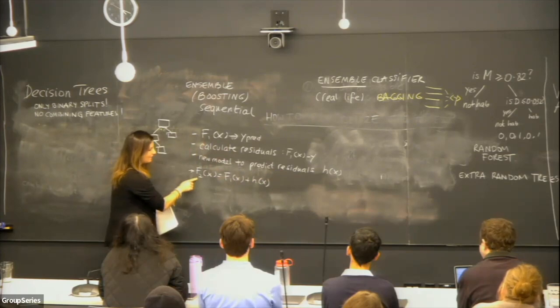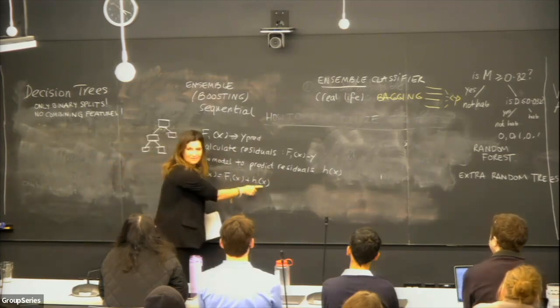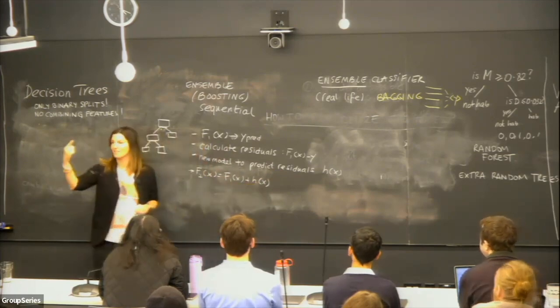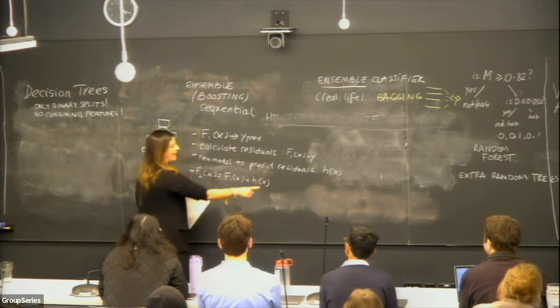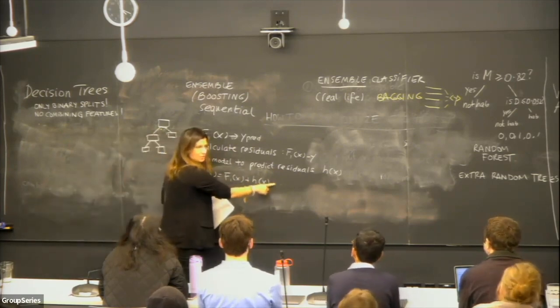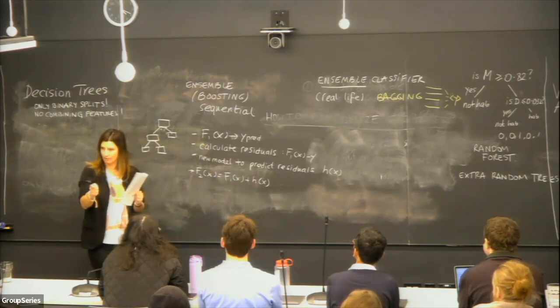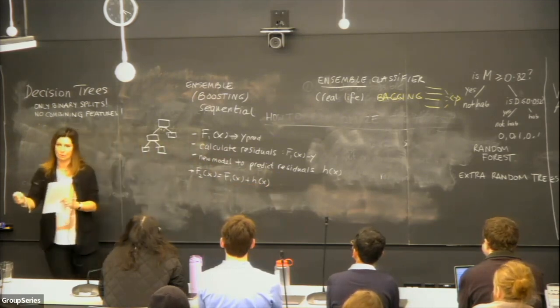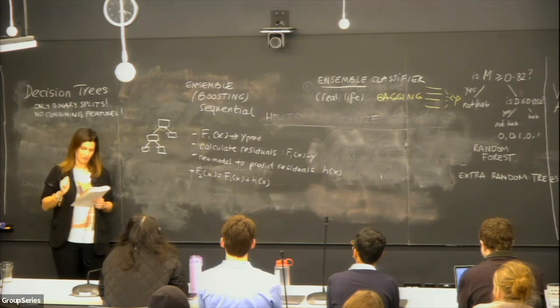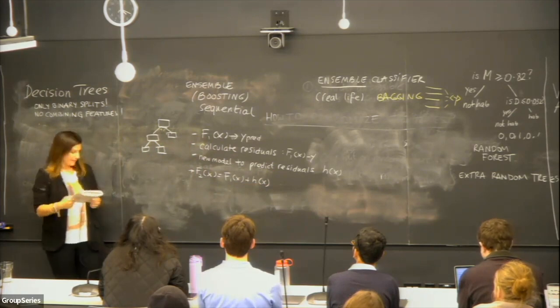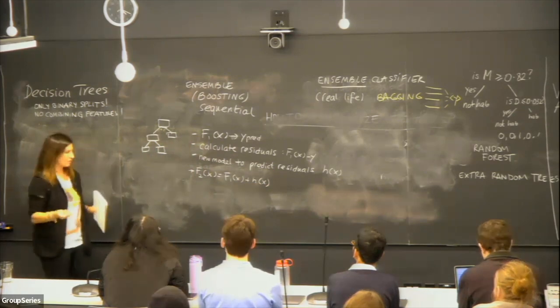And then I calculate the residuals of this model. And now I predict the residuals of these models and I add them to here. So you see, this is a model in which every time I look at how I'm doing, I calculate where I'm not doing well, and I try to make a model to predict that. Now, why does this work?